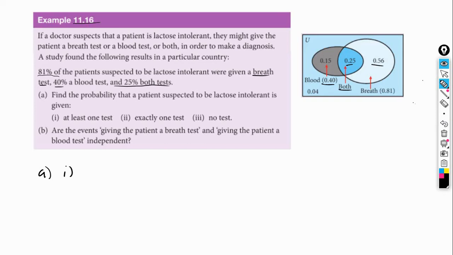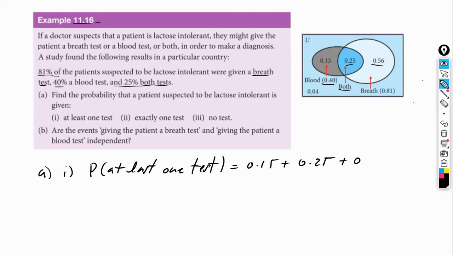So let's focus on number 1, the probability of at least one test. That's the same as saying the probability of the blood test plus the probability of both tests plus the probability of a breath test. And this is going to give us 0.96.